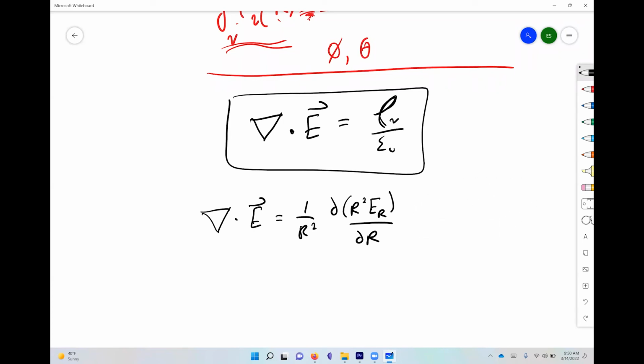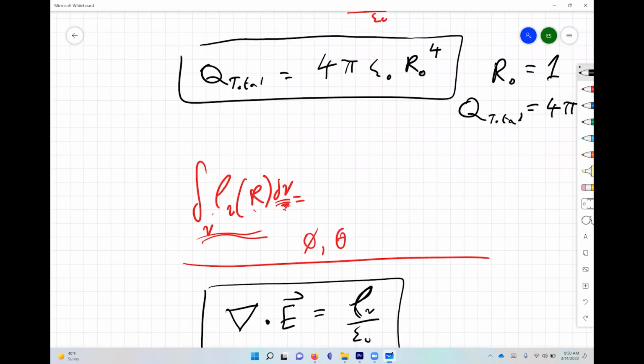So this is going to be 1 over r squared. What's E_r? E_r in this case is r squared. So this is going to be 1 over r squared times the derivative of r to the power 4, delta r to the power 4 over delta r, which gives 4r cubed.